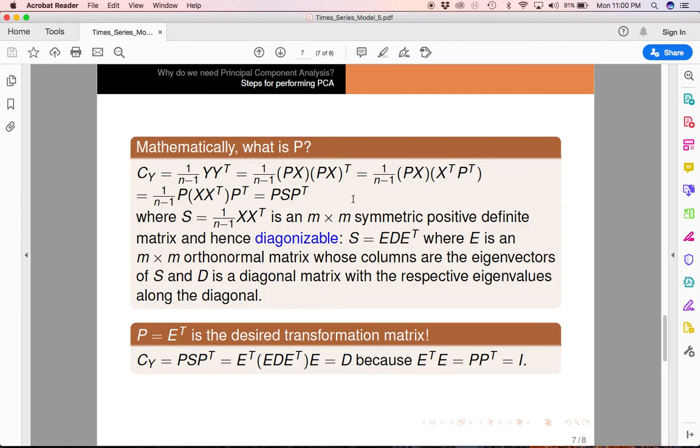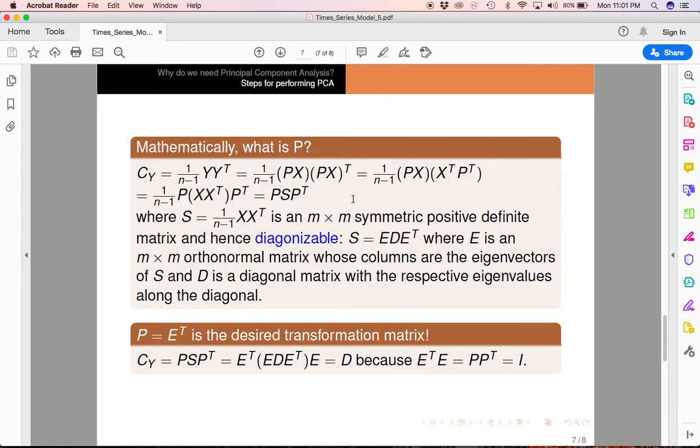Now, because this is a symmetric positive definite matrix, it's a square matrix, it is diagonalizable. So S can be written in the diagonalized form EDE transpose, where E is an M cross M orthonormal matrix whose columns are eigenvectors of S, or the covariance matrix C sub X. And D is a diagonal matrix whose diagonal entries are the respective eigenvalues of S. So in a sense, we have C sub Y as P times EDE transpose times P transpose.